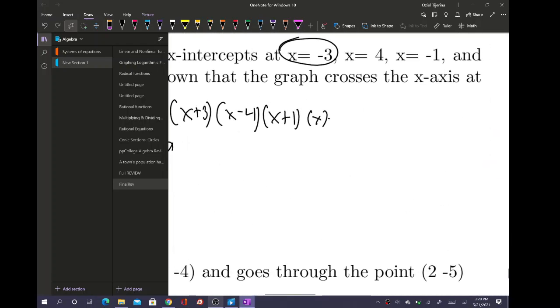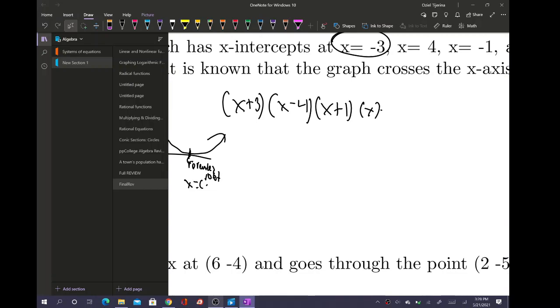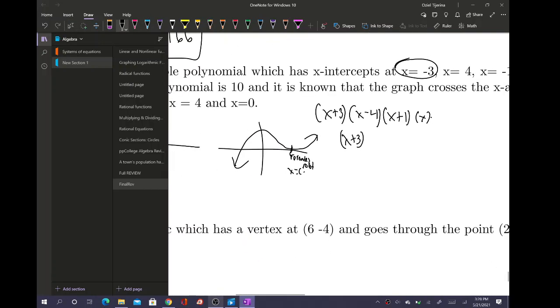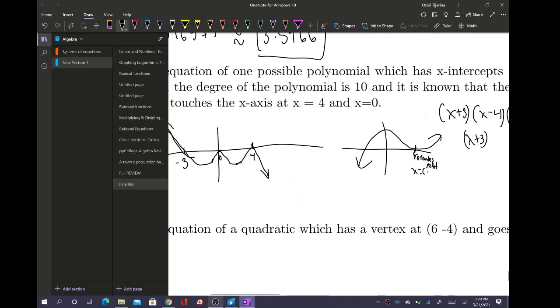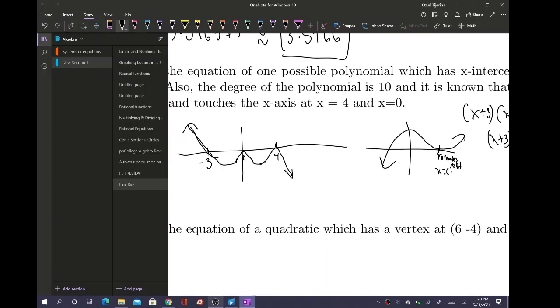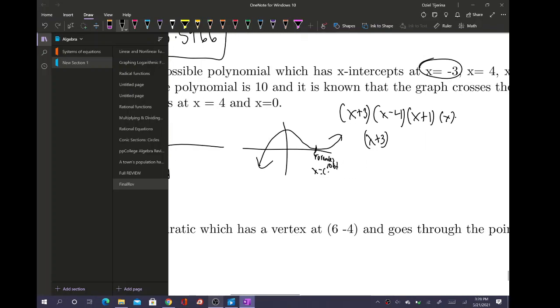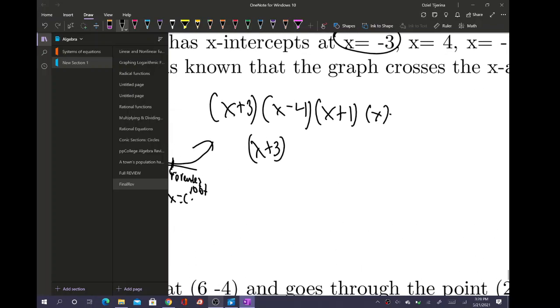So we can say that this is x plus 3, and then because it is of degree 10, and it touches, there are 2 repeated roots, and it has to be of degree 10, then that means x minus 4.